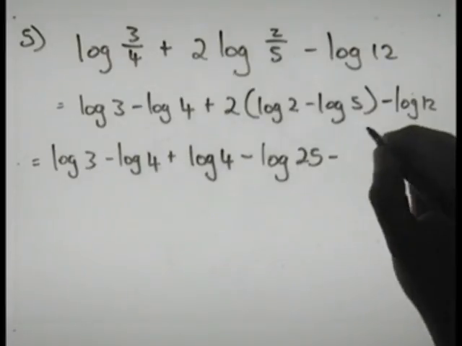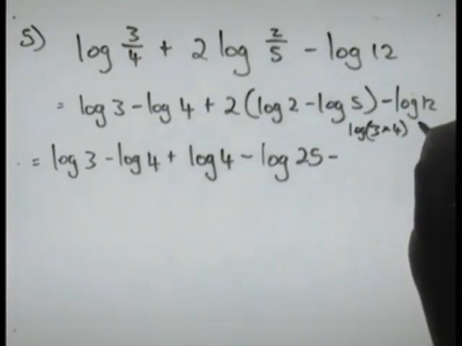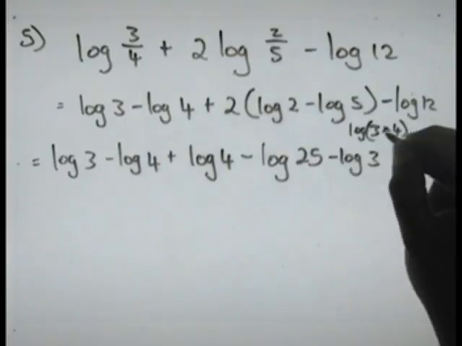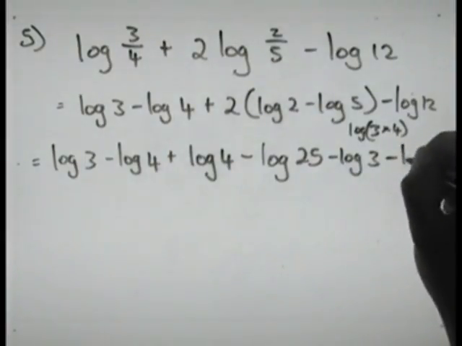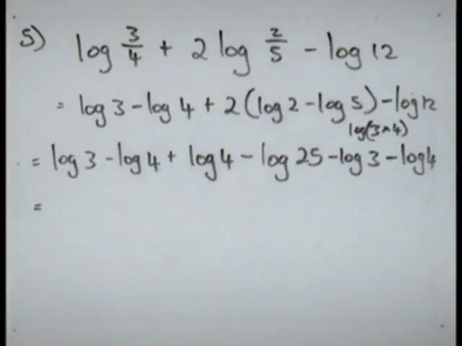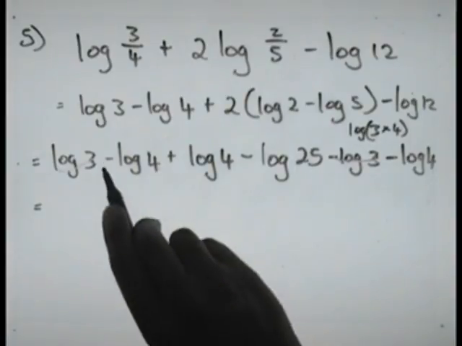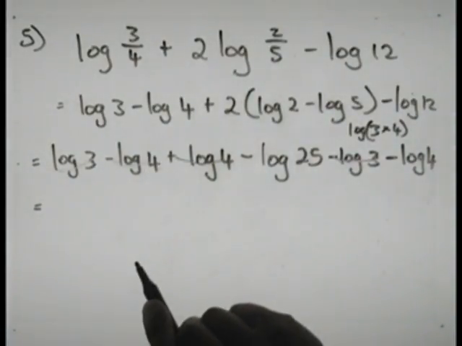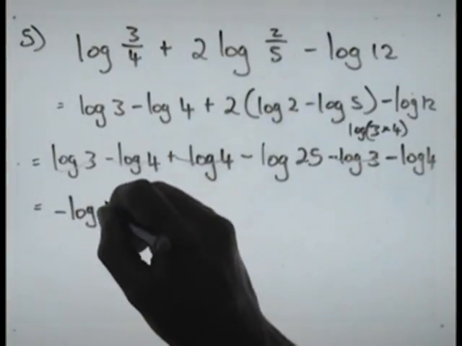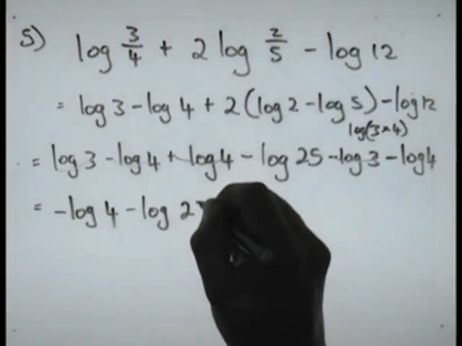I'm going to turn log 12 into log 3 times 4, which is the same as log 3 plus log 4, but there's a minus on the outside, so it will become minus log 3 minus log 4. That's going to give me log 3 minus log 3 is 0, minus log 4 plus log 4 is 0, minus log 4 is minus log 4, minus log 25.